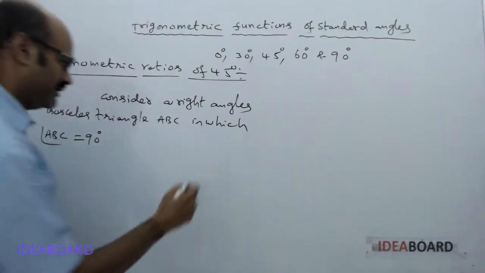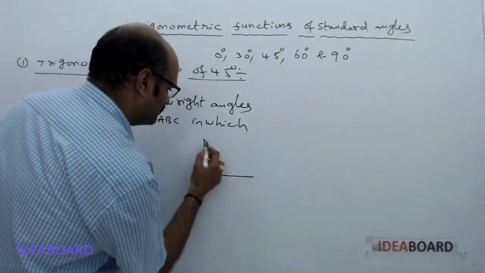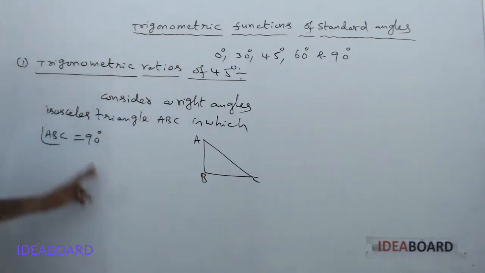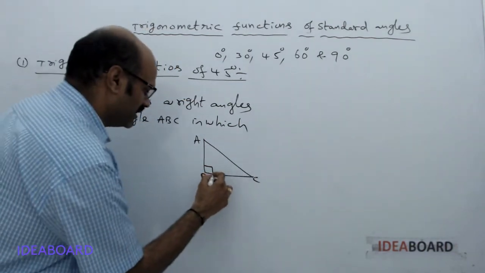So let me take a triangle ABC. Now here angle ABC is given by 90 degrees.